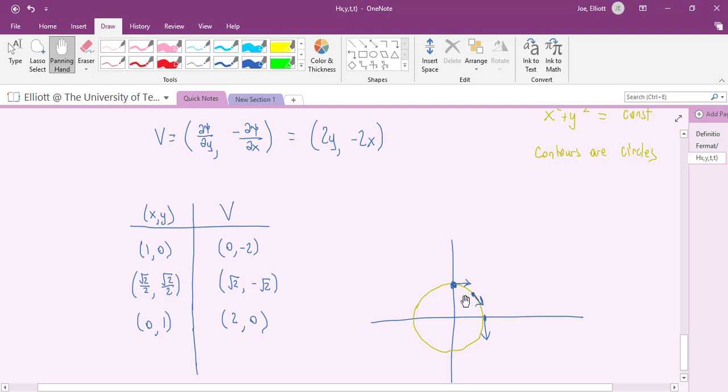We want to attach to that point the vector root 2, negative root 2. This vector has a positive x component, so it points towards the right, and a negative y component, so it also points downwards. So that vector looks something like this, pointing to the right and also downwards.